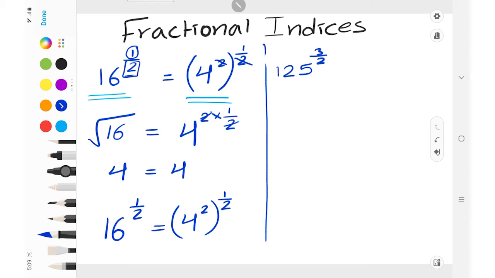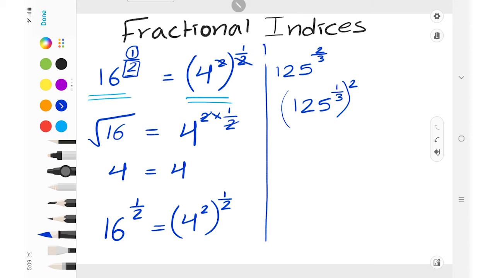So I can write 125 to the power 1 over 3, and it's all to the power of 2. Let me do the same example: it's 2 over 3, so 125 to the power 1 over 3, all to the power of 2.